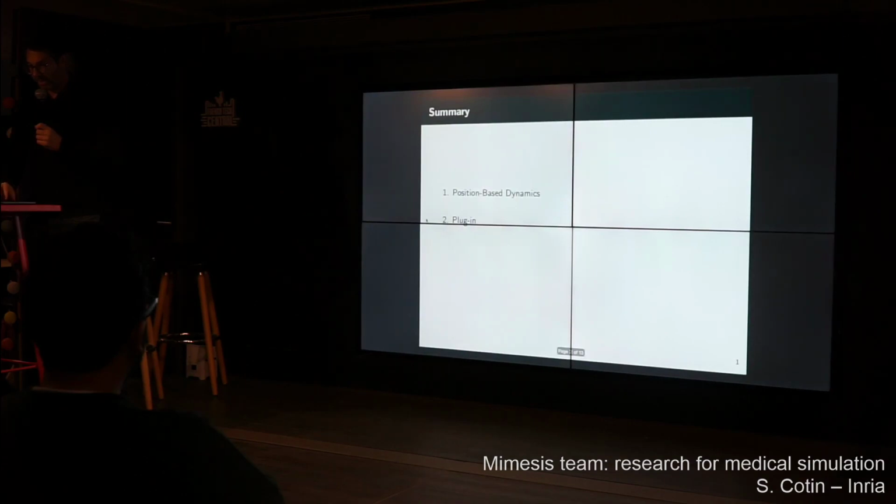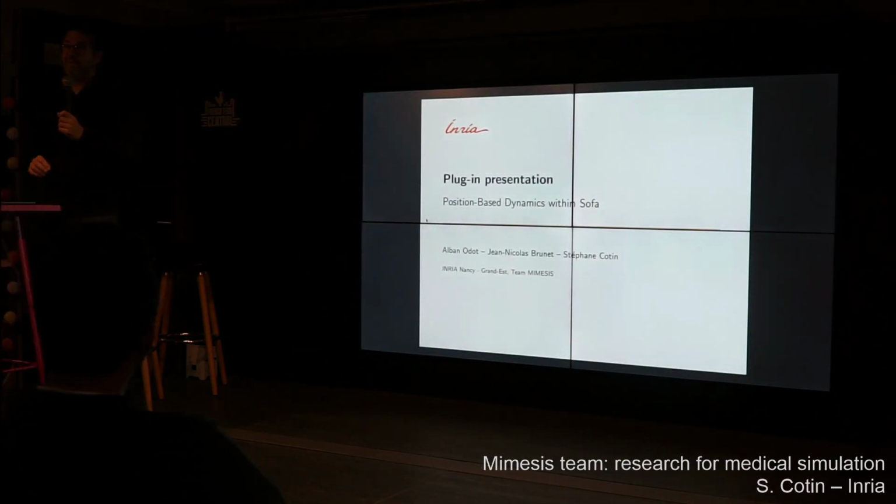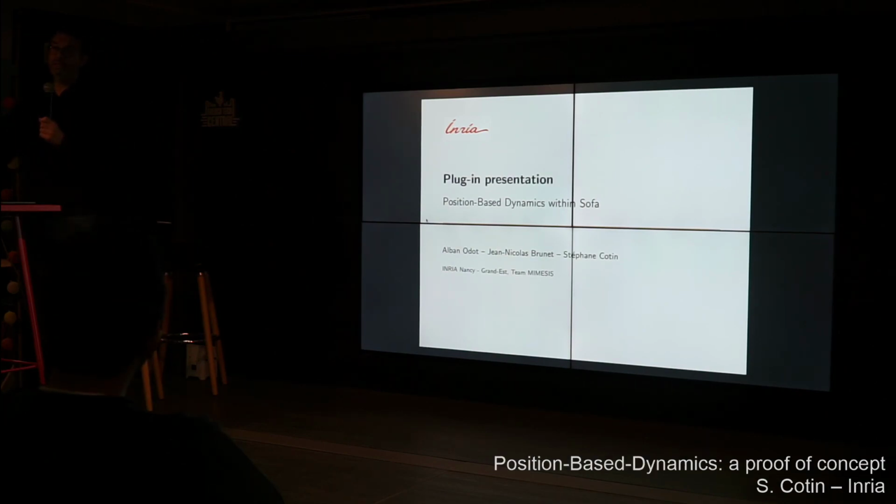So, I guess most of you know, the main idea of position-based dynamics is to describe the physics of an object through constraints. It started with super simple constraints, which are basically that the length between 2 particles has to stay constant, so you could model hair.